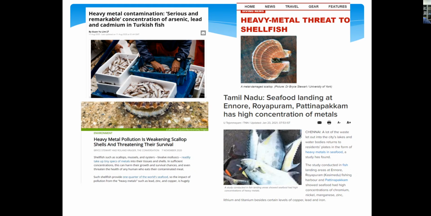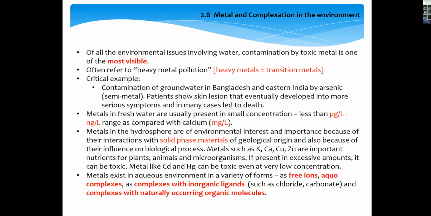So you can see here, heavy metal contamination, serious and remarkable concentration of arsenic, lead, and cadmium in Turkish fish. And then heavy metal threat to shellfish. And then this is another example in India where the seafood is actually containing a high amount of metals. And then they have found that heavy metal pollution is weakening the scallop shell and threatening their survival.